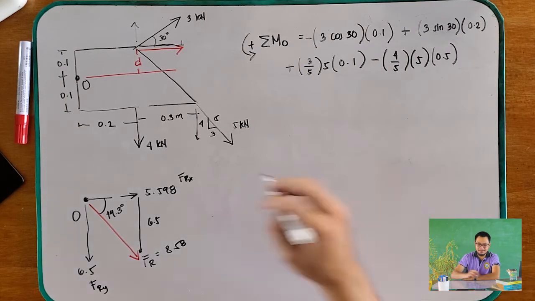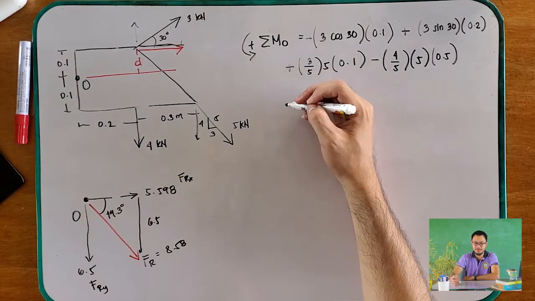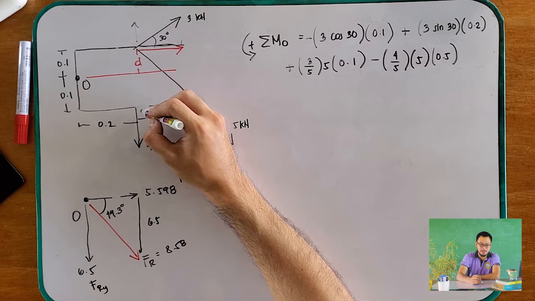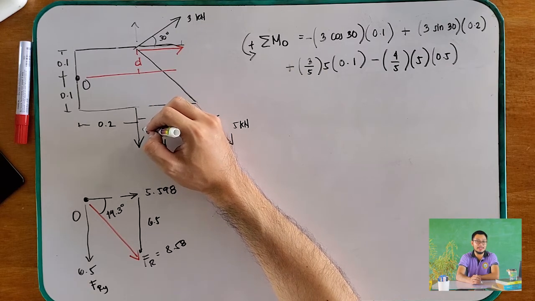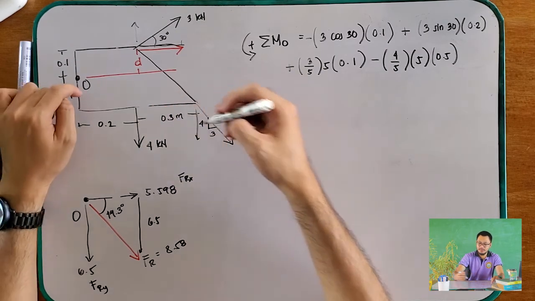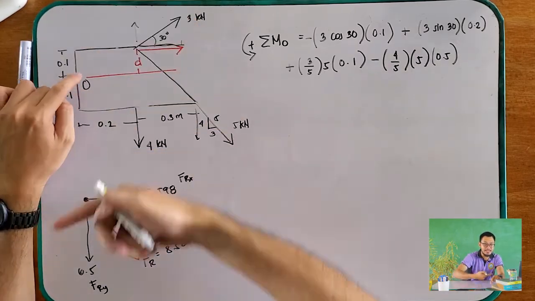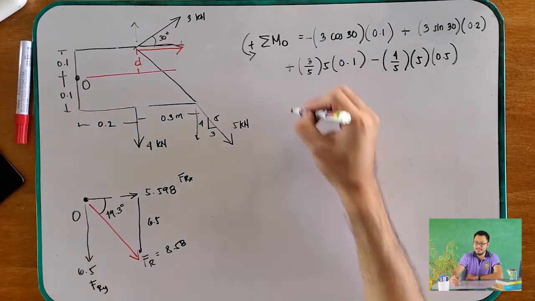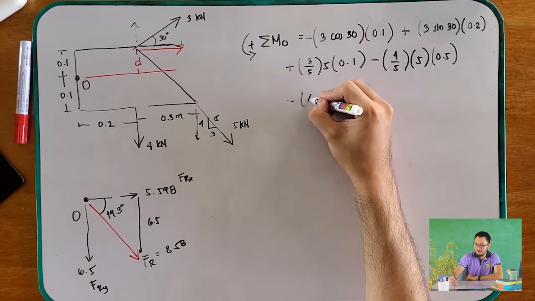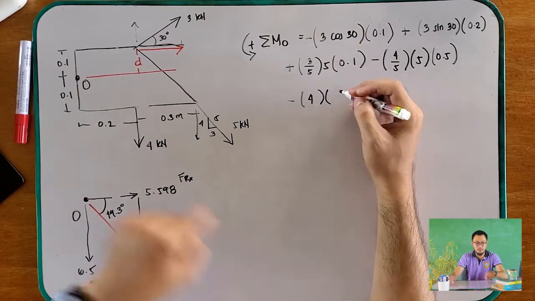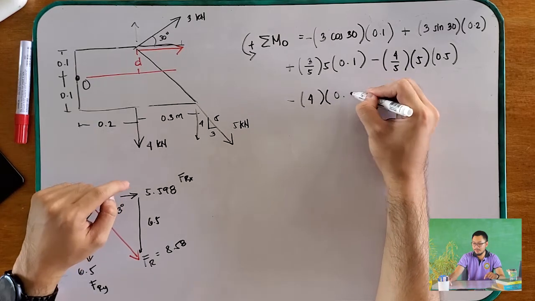And lastly, 4 kilonewtons. So, wala naman siya x component. So, ang y component na atong gamita, ang pangitaon. So, this is positive or negative. This one creates a clockwise direction. So, this is negative. Negative 4 kilonewtons times the moment arm of 0.2.